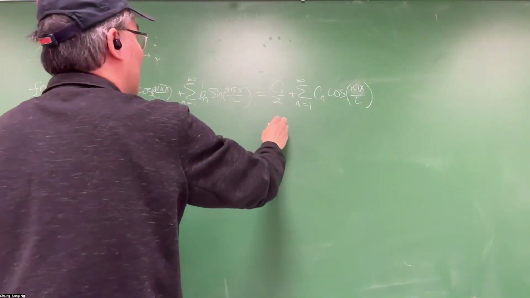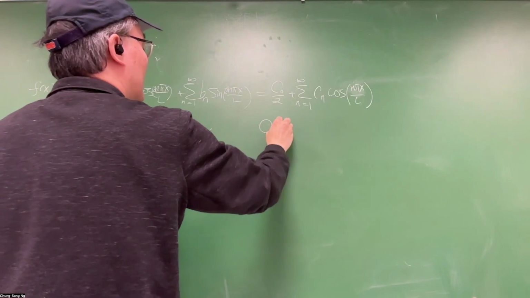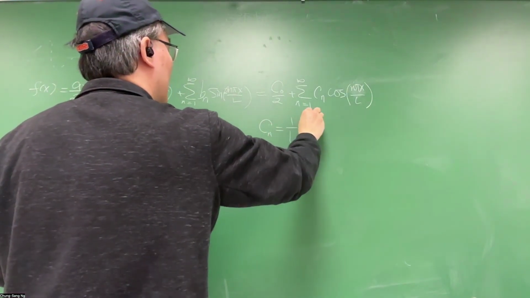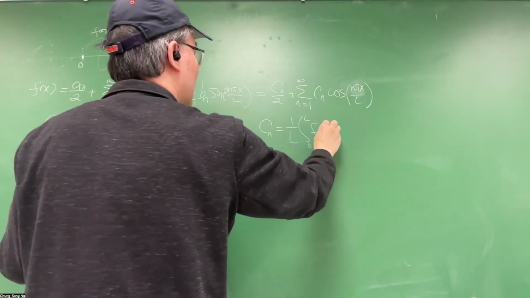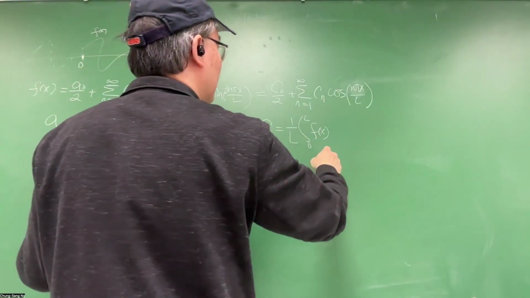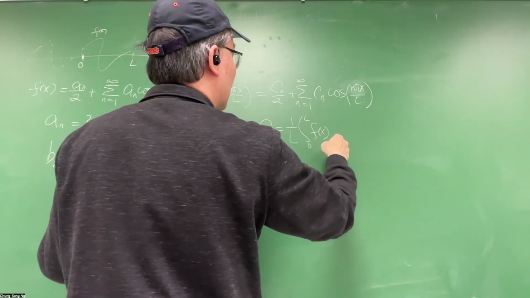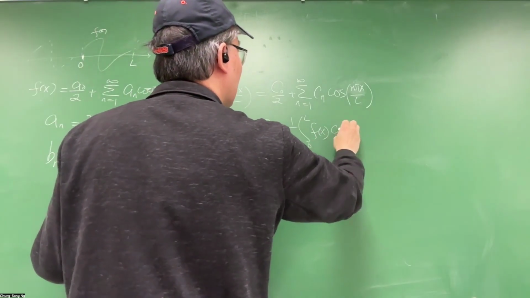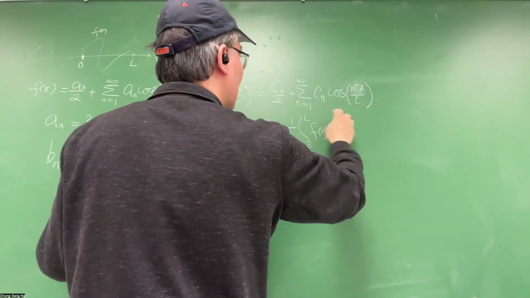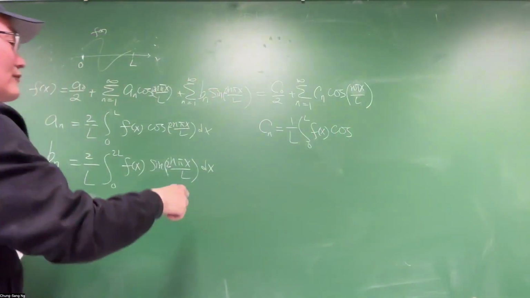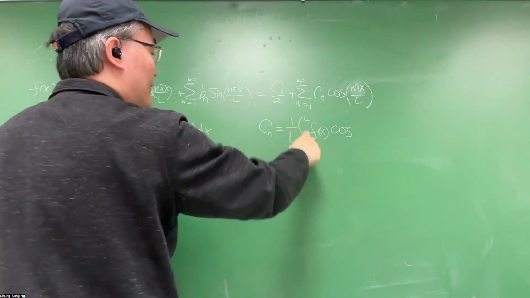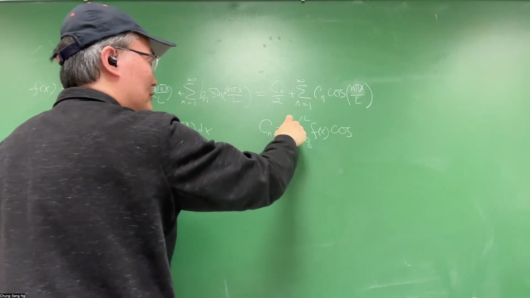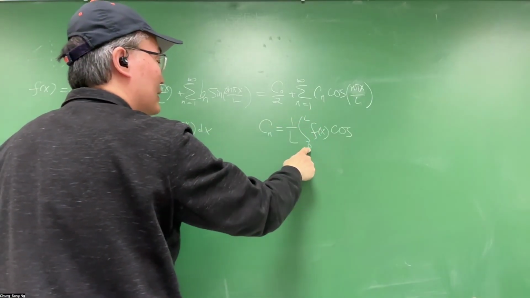And likewise, all the C_n's are using the old formula. I should say that you're using the old form, but with the period over minus L to L. So you do it this way.